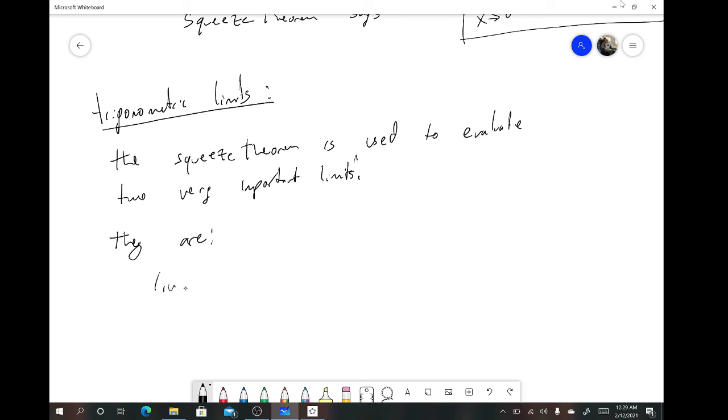One of them is the limit as x goes to 0 of sine of x equals 0, and the limit as x goes to 0 of cosine of x, which actually equals 1.